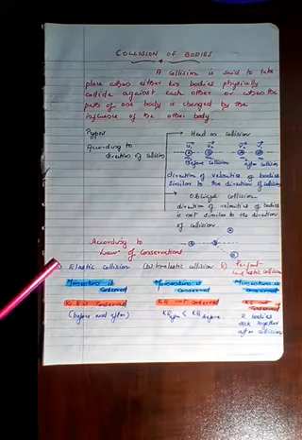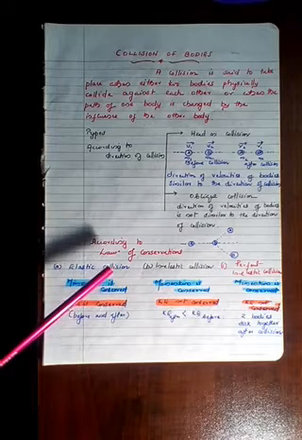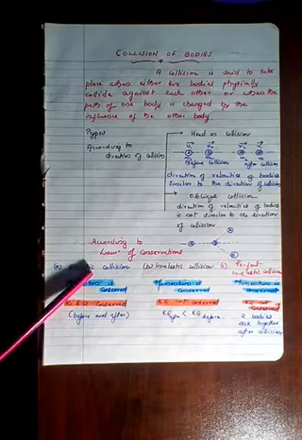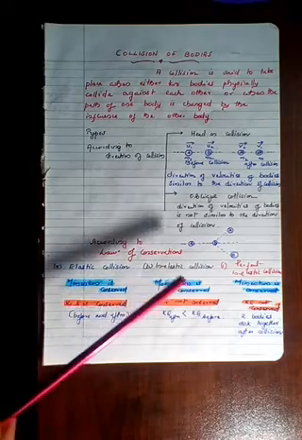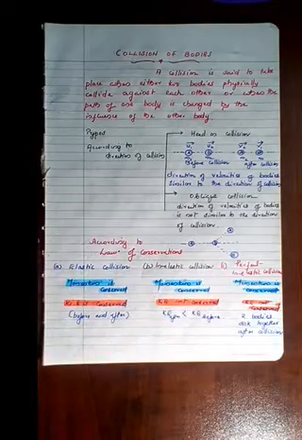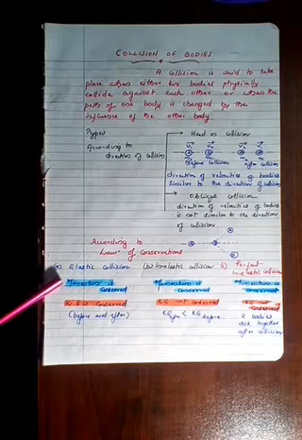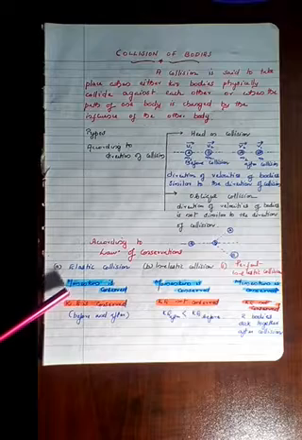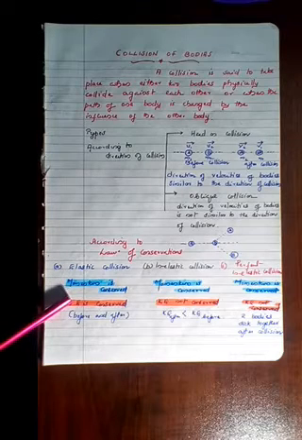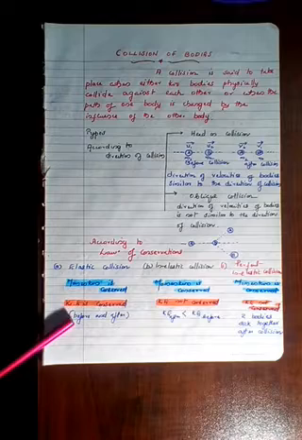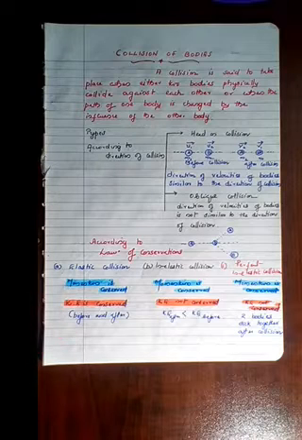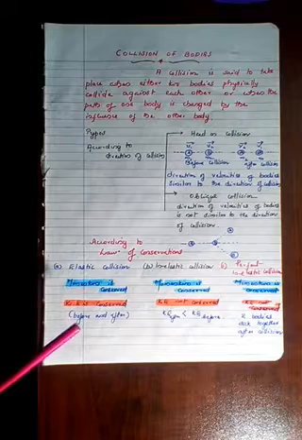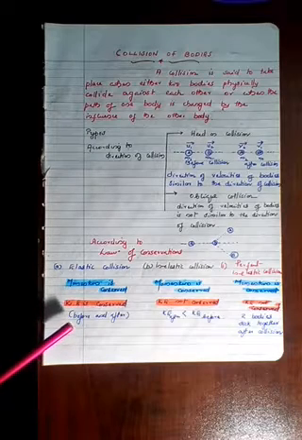But according to the laws of conservation, we can divide collisions as elastic collision, inelastic collision, and perfectly inelastic collision. Keep in mind, for an elastic collision, the momentum is conserved and the kinetic energy is conserved. Keep in mind that conservation applies only before and after, not at the moment of collision.